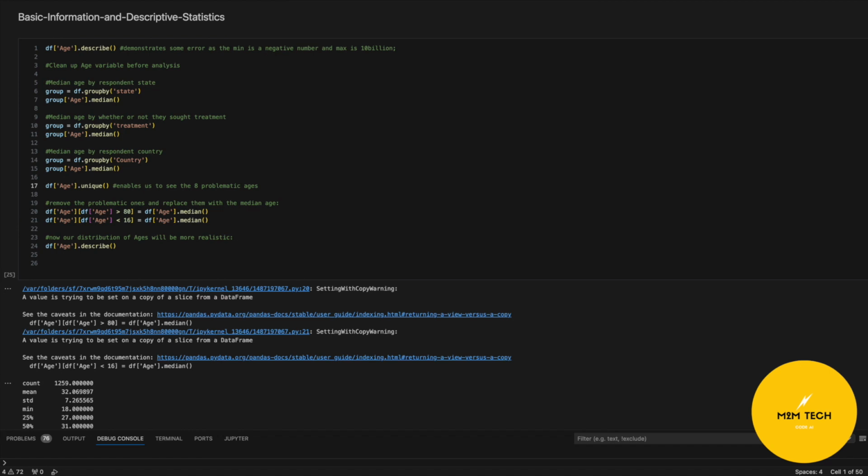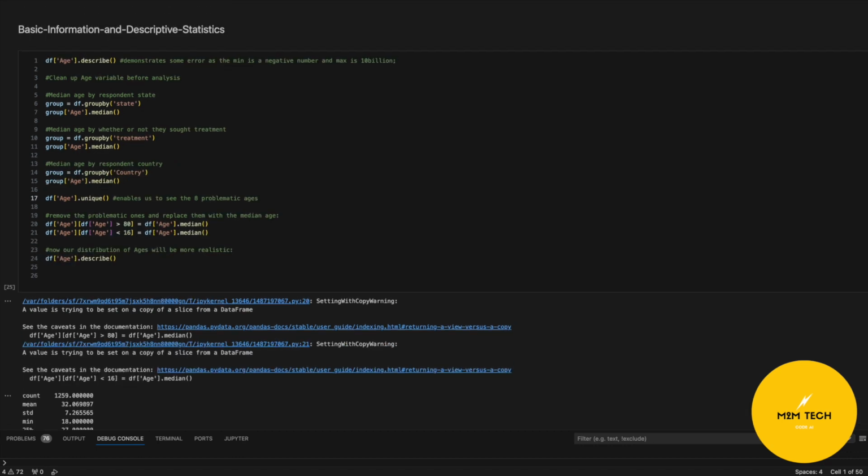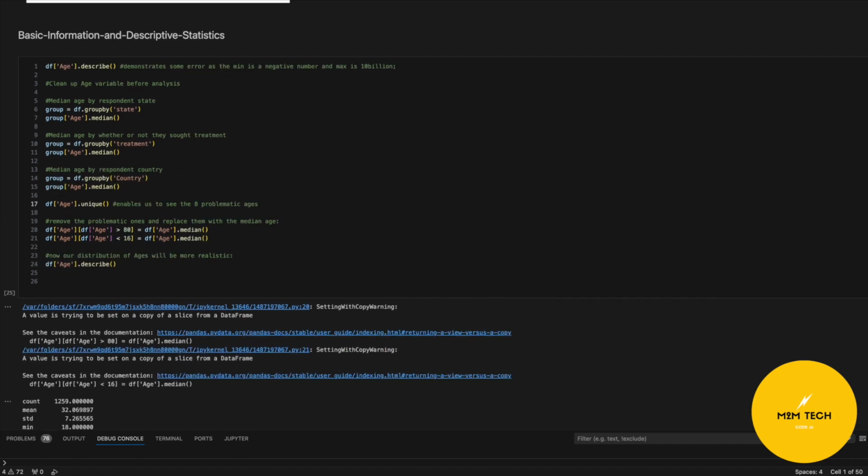Basic statistics. We looked at the age column. Initially, we had an age range with negative ages, and one person was 10 billion years old.